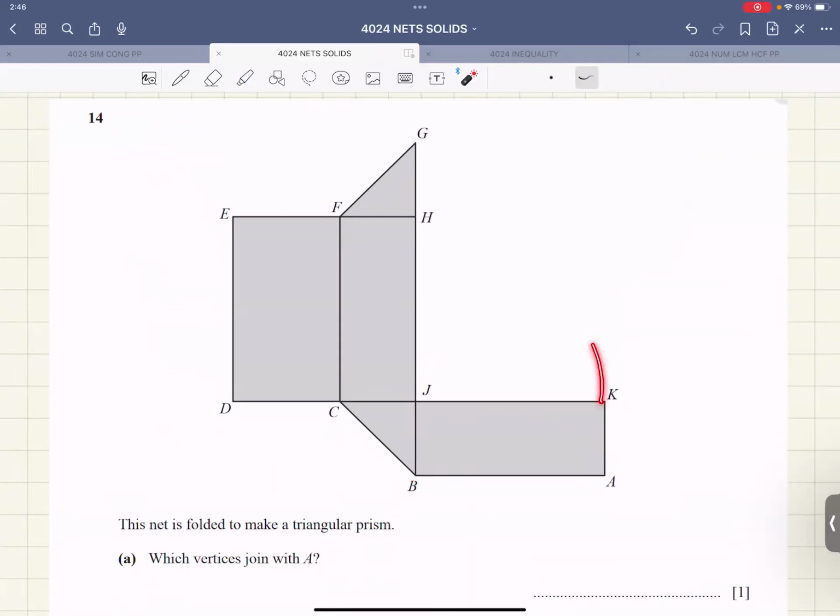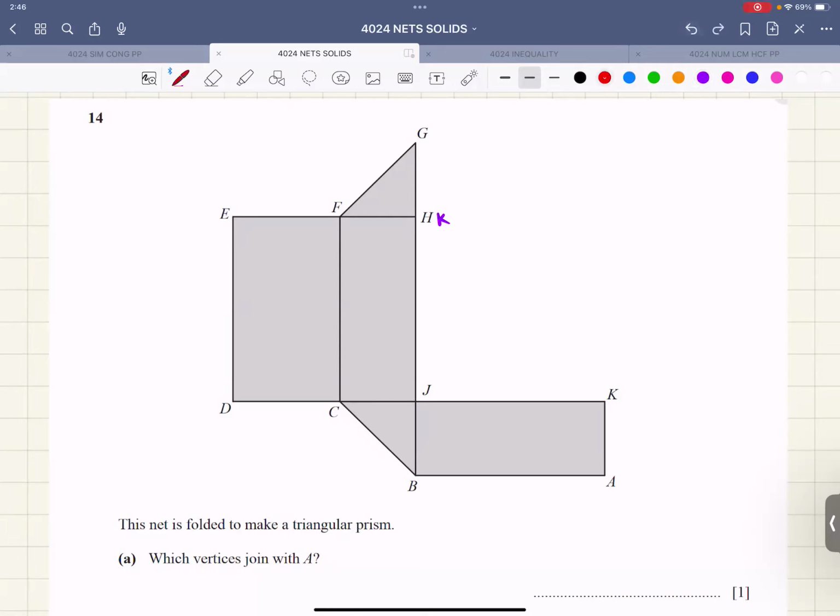Basically, it should go like this. So J is here, K goes with H. Let me write it. K should be with H and J as it is. And basically this A and B would be touching, B should be touching E.